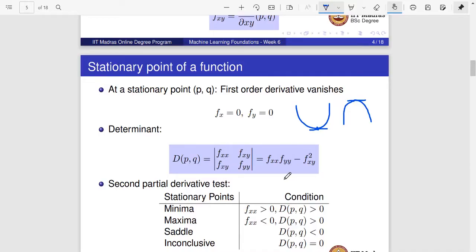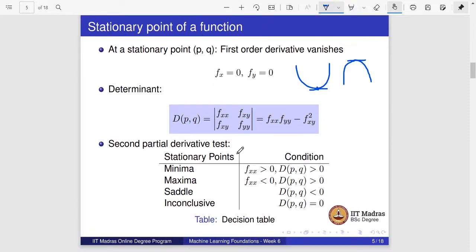So this helps in performing the second order partial derivative test, and this can be summarized in this table.